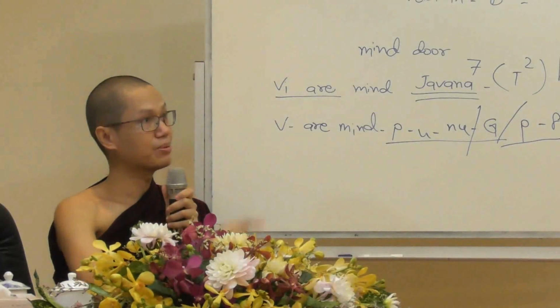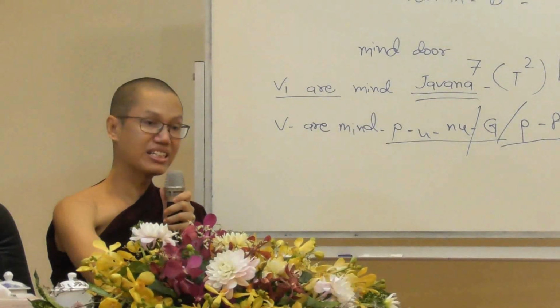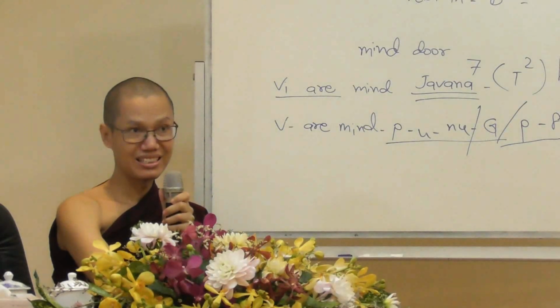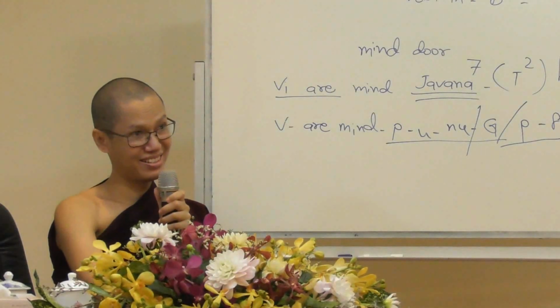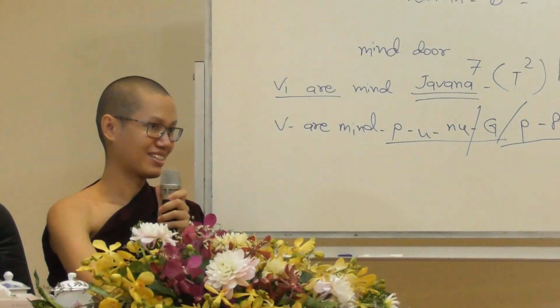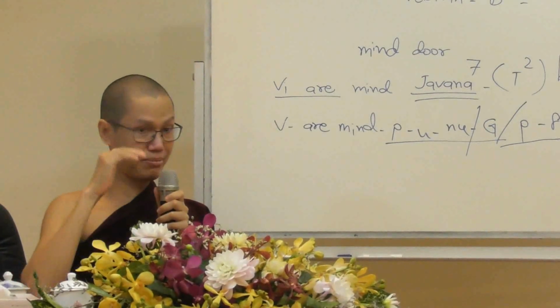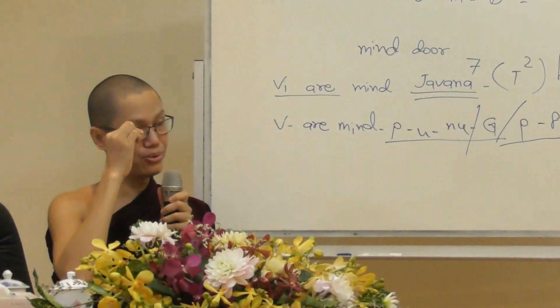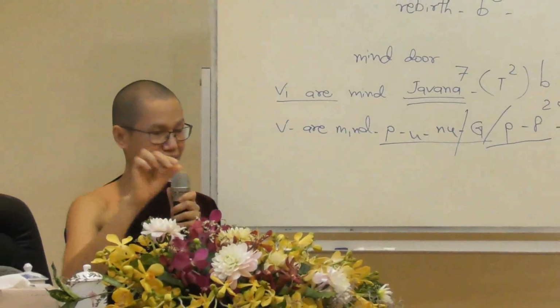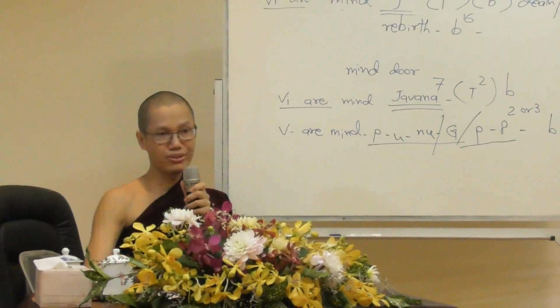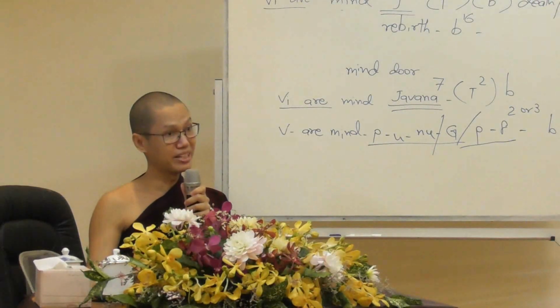Because normally if we see something, we think, I see. But what is the I? Or it is my seeing. What is the me? So when we see something, consciousness uses the eye sensitivity and takes the color object. Color also is not I, not me.